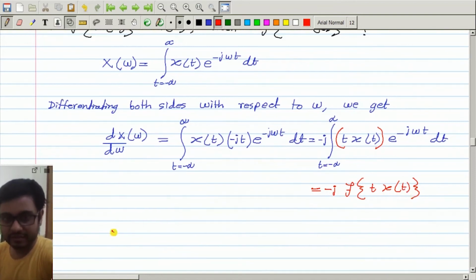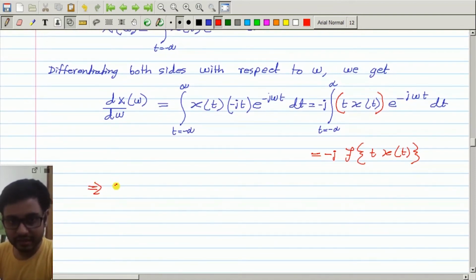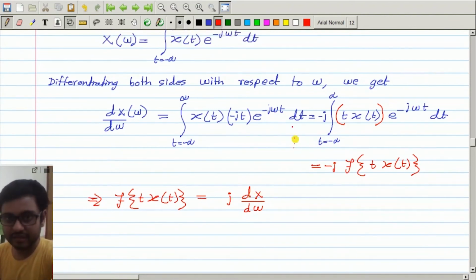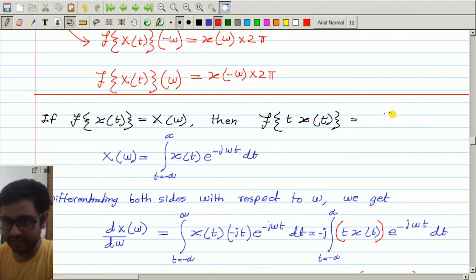From this we can write the Fourier transform of t x(t) is equal to dX/dω, the derivative of capital X with respect to omega, divided by minus j, so that will become plus j. So this is the answer. Let us put the answer here: it is j dX(ω)/dω.